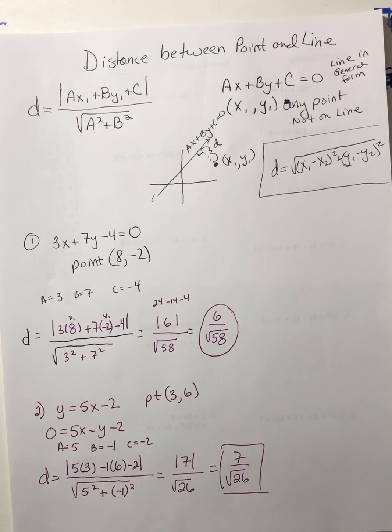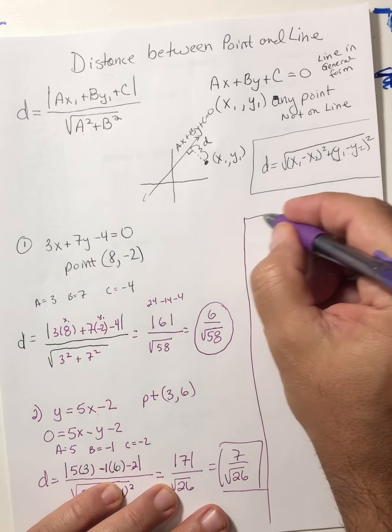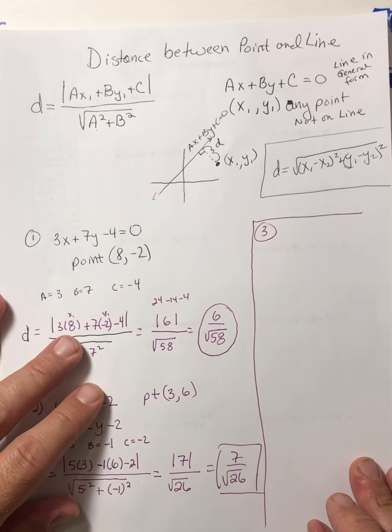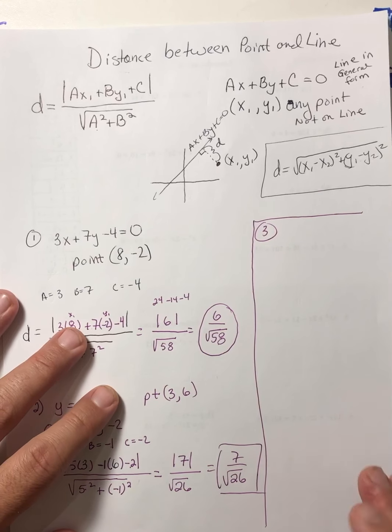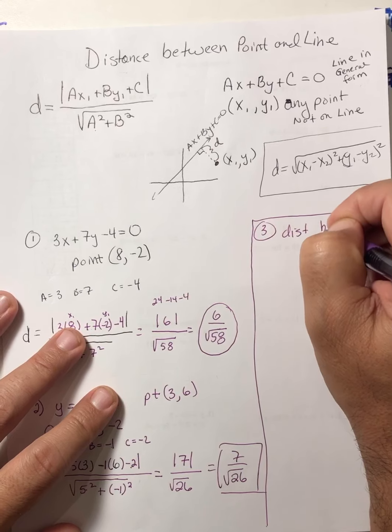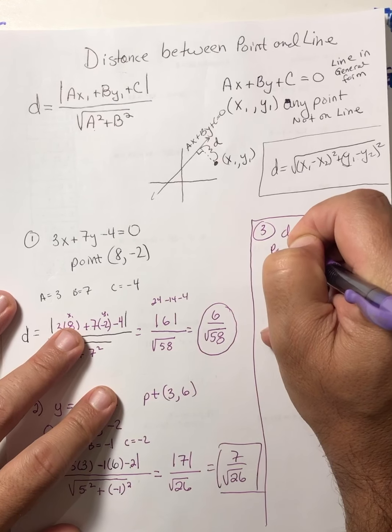All right. Last but not least, I'm going to save some paper. Number 3. What happens if I gave you lines that are parallel to each other? I wanted the distance between parallel lines.